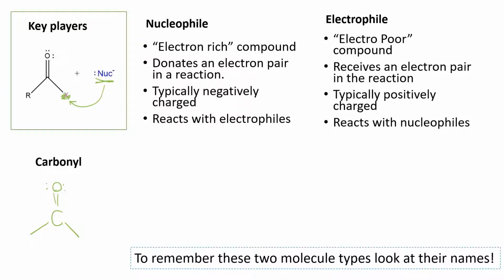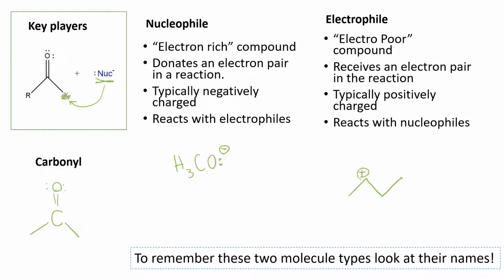Some examples of a strong nucleophile would be the methoxide ion. It's negatively charged. It has this electron pair here that can react with an electrophile. An example of a strong electrophile would be a carbocation.